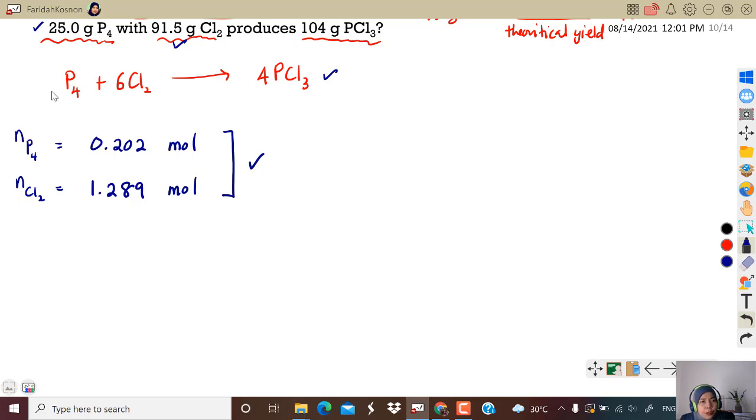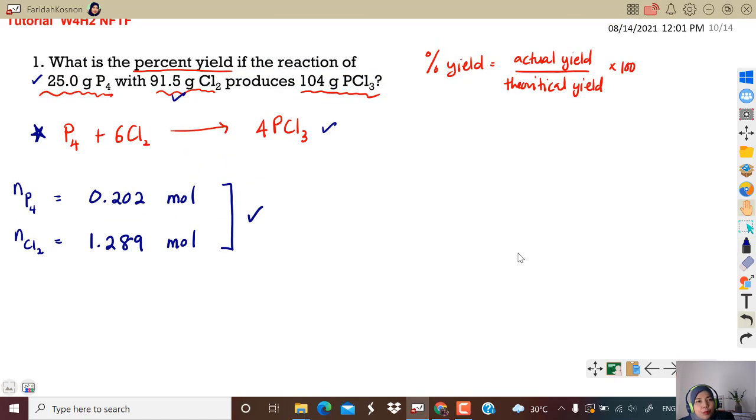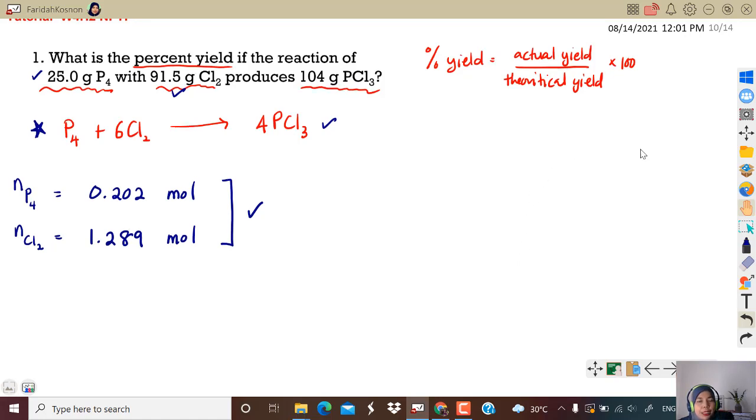Okay, so by referring to the balanced chemical equation, kalau awak tengok kepada soalan, soalan memang tak sebut pun nak cari limiting reactant. Tetapi disebabkan kita nak cari percentage yield tu dan produk kita adalah PCl3, okay, so ada tak limiting reactant wujud kat sini? Ataupun kedua-dua reactant tu memang habis?